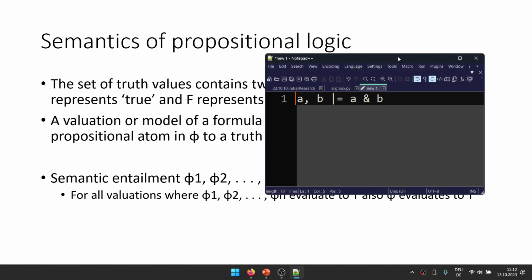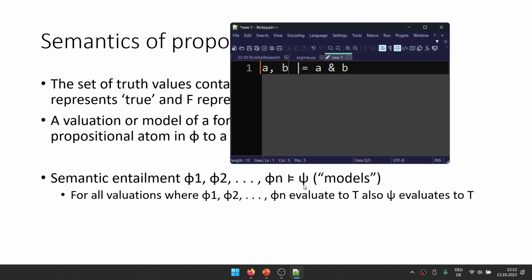Now, is this semantic entailment true or not? So does A and B model the formula A and B? So now we look at the definition here. If A and B evaluate to true, then the right side formula evaluates to true.